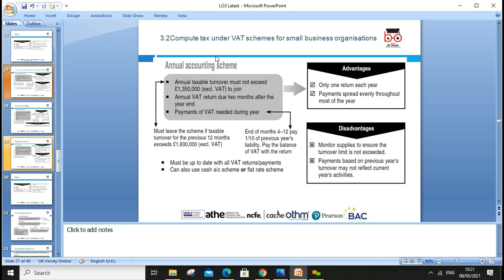If it's more than that, you have to leave the scheme. This scheme can be used with the cash accounting scheme. It is good, as there is only one return each year, which saves a lot on the admin side. You need to monitor supplies to ensure the turnover limit is not exceeded. Some disadvantages are that you have to make regular payments.